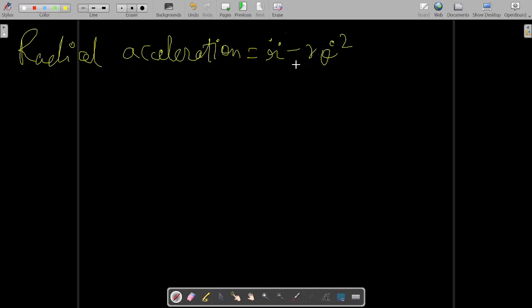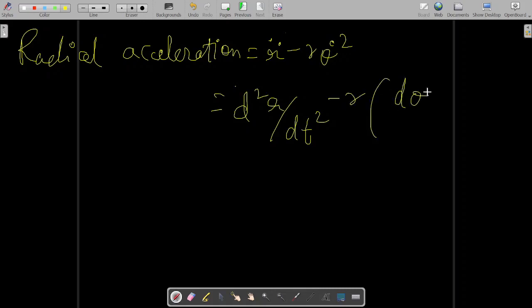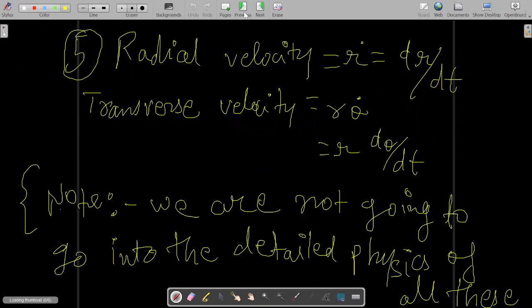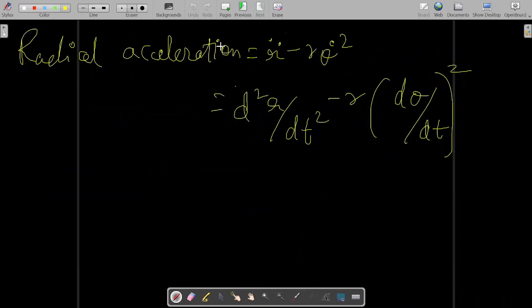Then it will be d2r by dt2 minus r d theta by dt whole square. This is your radial acceleration.